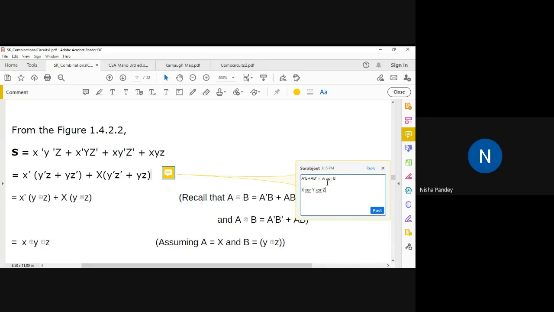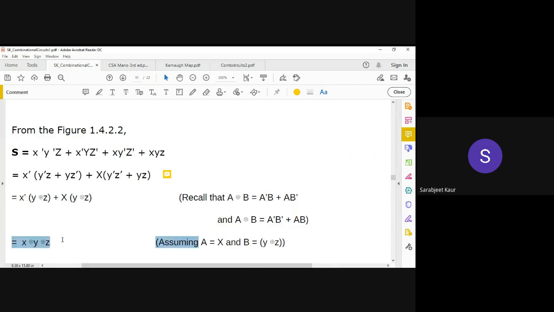Yes, ma'am. So that is how you get this expression x XOR y XOR z. So the sum of a full adder is equal to x XOR y XOR z.